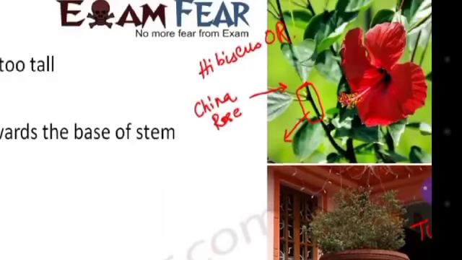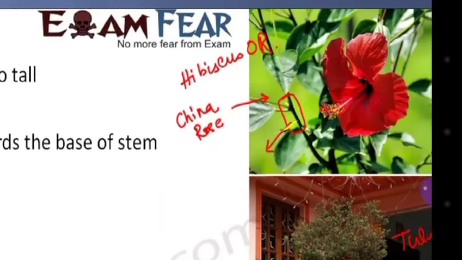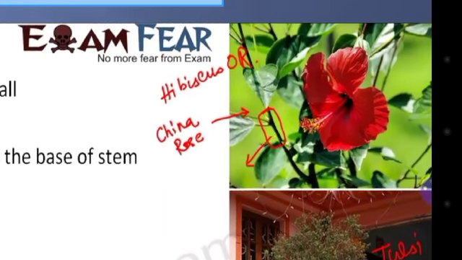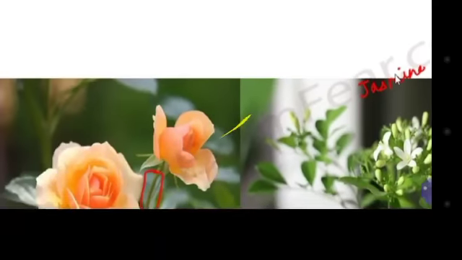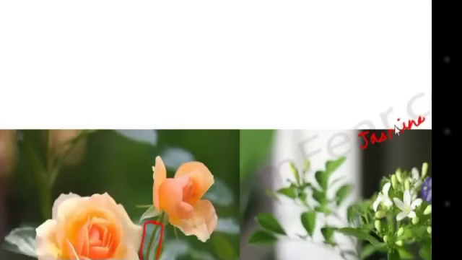In the above picture, its stem is woody and brown in color. It is quite strong. Similarly, you look at the rose plant. Its stem is sometimes green or maybe sometimes brown. This is also hard and woody.